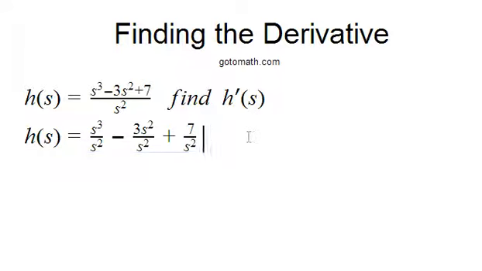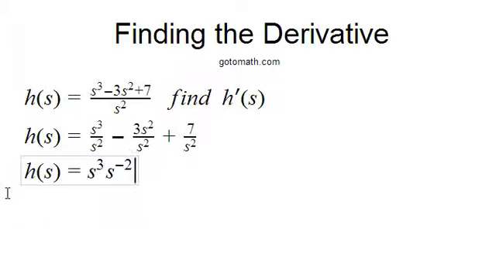Now I'm going to simplify this down a little bit. So h of s is equal to, if I took this s squared up into the numerator, we would end up with s raised to the third times s raised to the negative 2.